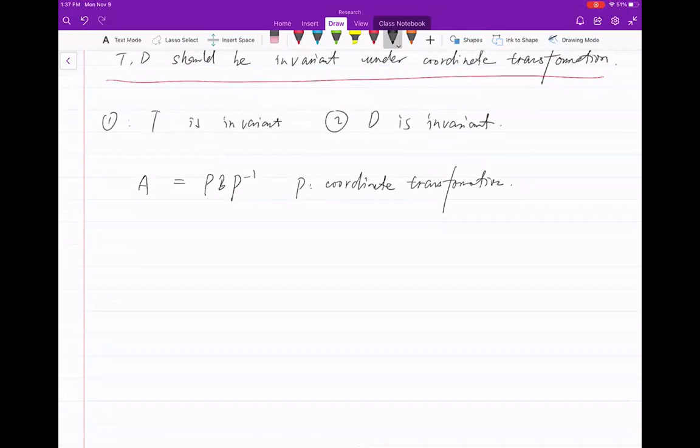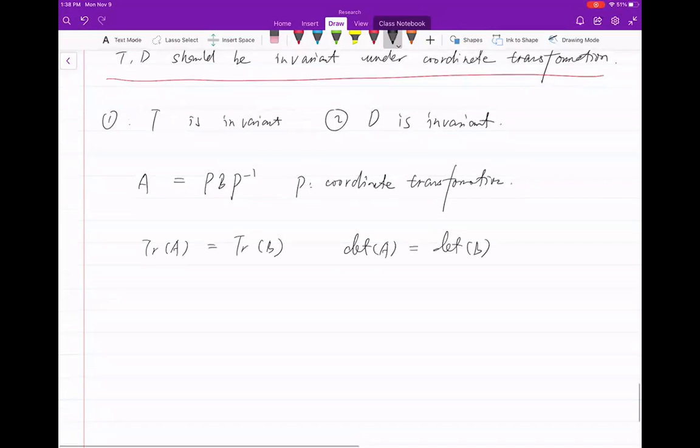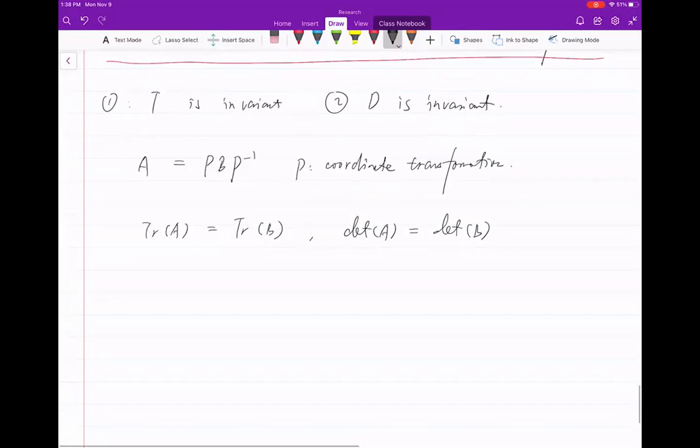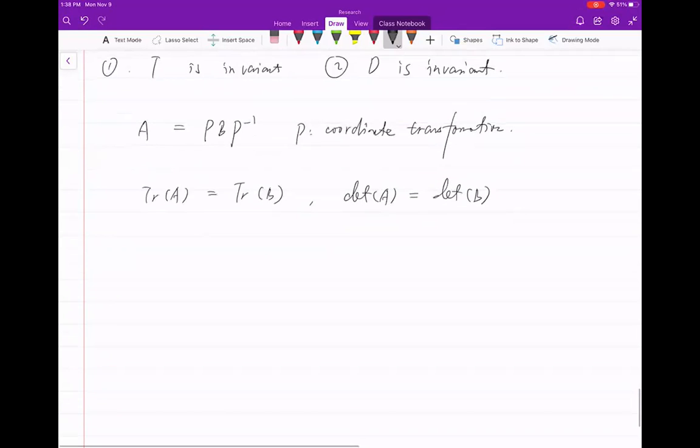So basically what you want to prove is if P is a coordinate transformation, then the trace of A should equal the trace of B. That means even if you change the basis, the trace stays the same. That must mean the determinant of A should equal the determinant of B. Okay. Then basically what you need to show is that this equals this.